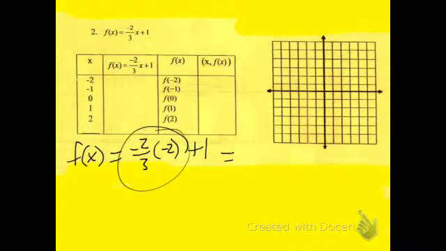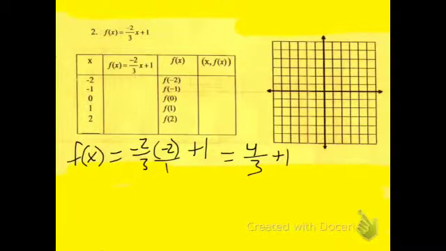But this part here, when you're multiplying fractions, remember, multiply across the top, multiply across the bottom. -2 is -2 over 1, so across the top there, -2 times -2 gives you positive 4. 1 times 3 is 3.